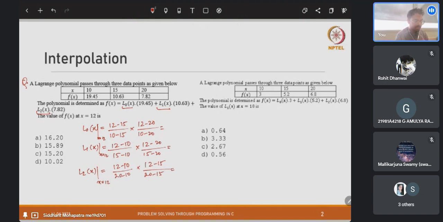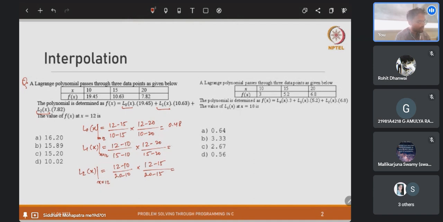So the first one is minus 3 by minus 5 into minus 8 by minus 10, right? So 0.48. Then L1(x) is 2 by 5 multiplied by minus 8 by minus 5.